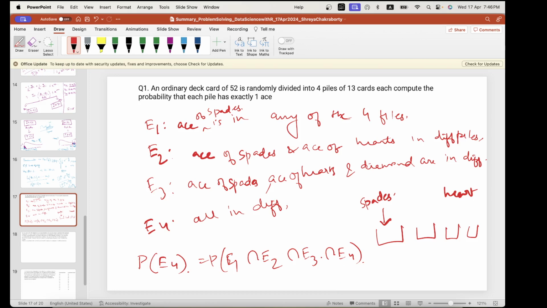So this one you can write as probability of E4 given E1 intersection E2 intersection E3, into probability of E1 intersection E2 intersection E3, by conditional probability.